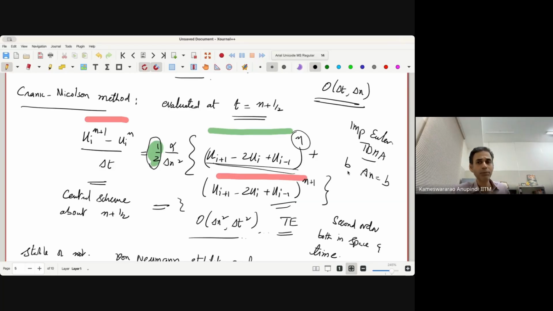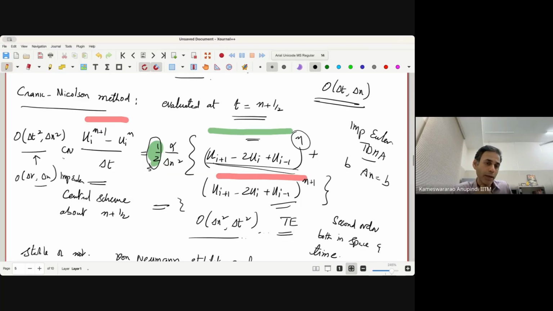And we realize that both methods are unconditionally stable. So both of them are going to work with the same delta t. But then what is the advantage? The advantage is that with just the addition of this extra thing on the right-hand side and the introduction of alpha, we bump up our accuracy to order delta t squared, delta x squared without much increase in computational cost, instead of just order delta t, delta x in the case of implicit Euler.